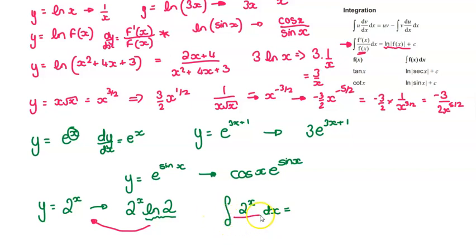So really, if we divide that by ln 2, then when we integrate this 2 to the x, which we know we get 2 to the x ln 2. Okay, but we're dividing it by ln 2. So what you really get when you integrate 2 to the x is 2 to the x over ln 2. That's what you really get.